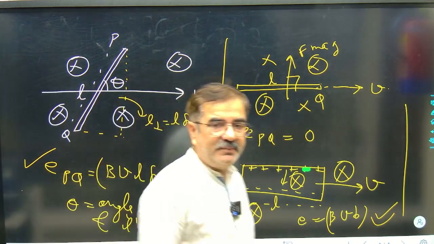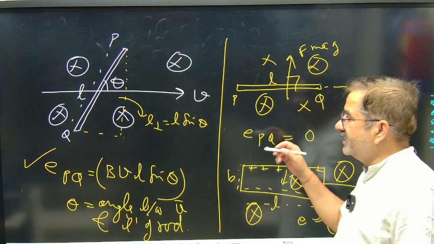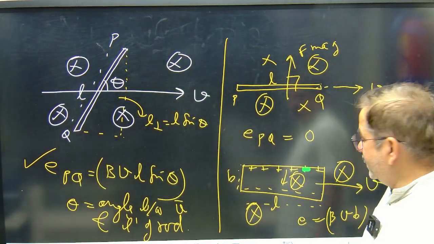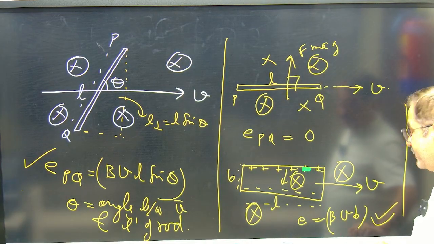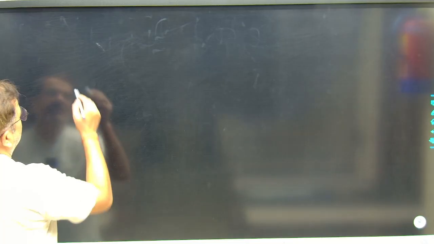So one of the cases I mentioned was where velocity was constant and theta was also remaining constant, and how we get the results. Correct. Next we have a case where, even when the rod is moving, different portions of the rod are moving with different velocities, like rotation.